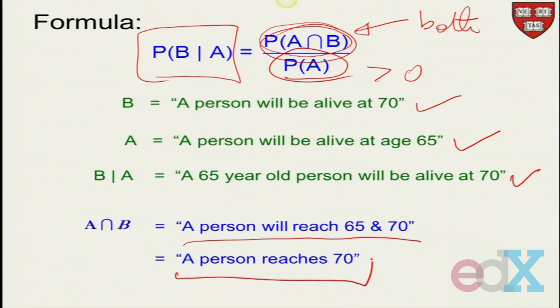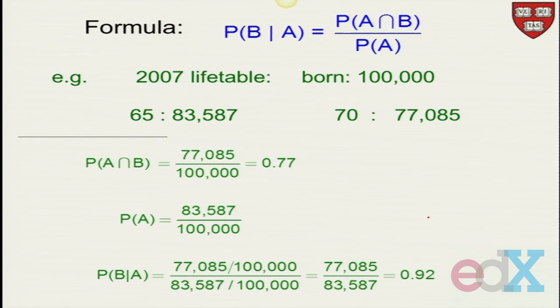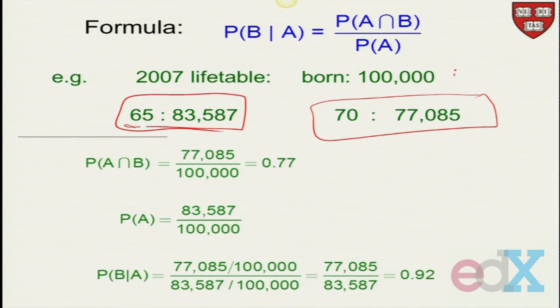So if we go to our life table, there's our life table. Let me remind you of what we saw in our 2007 life table. We can see of the 100,000, remember 100,000 started off, and here we go, 83,587 reached age 65, and 77,085 reached age 70. So if we bring that all together, there's the 83,587, there's the 77,000 of these 100,000.